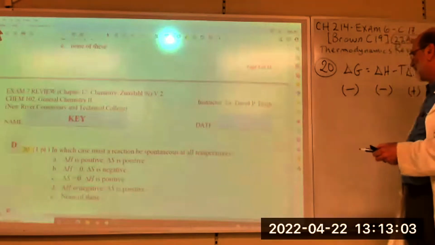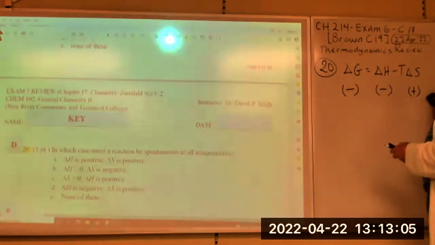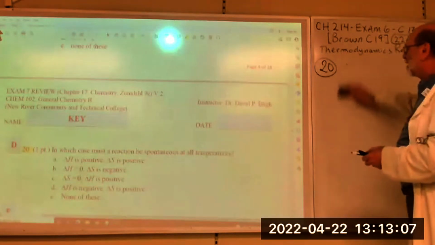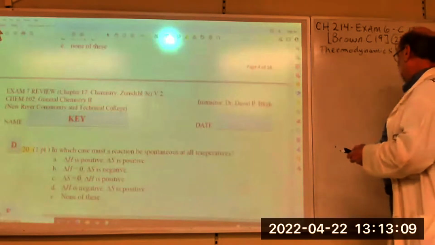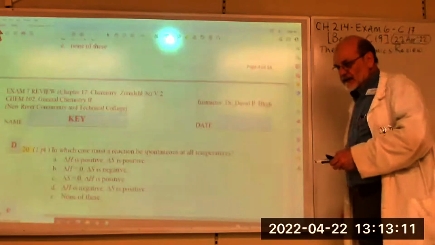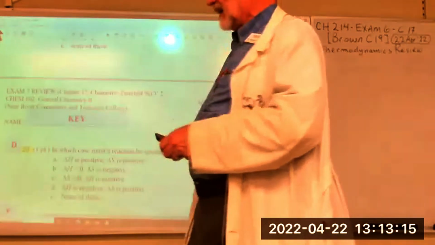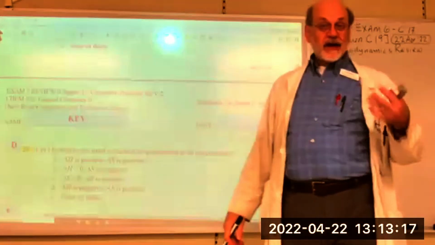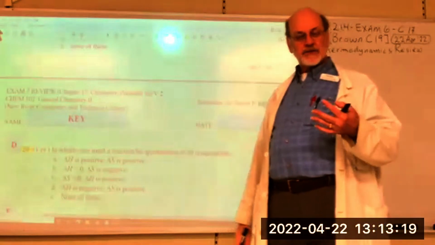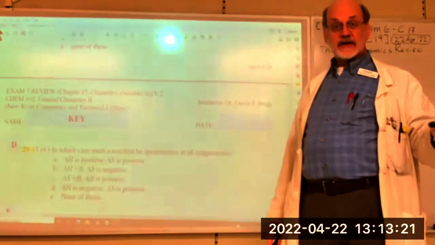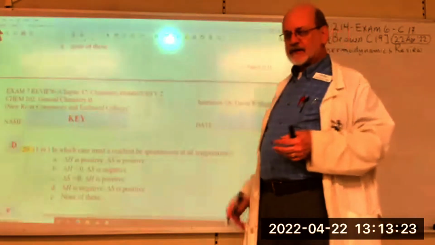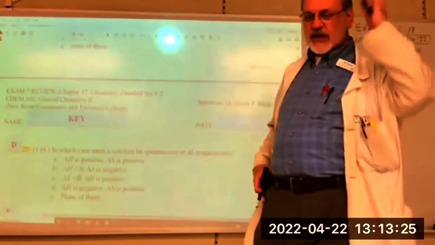Okay? It doesn't matter what the temperature is. It will always be spontaneous. And that's the beauty of Kelvin. Right? The temperature, it's always positive with Kelvin. So we don't have to worry about that as a sign changer.